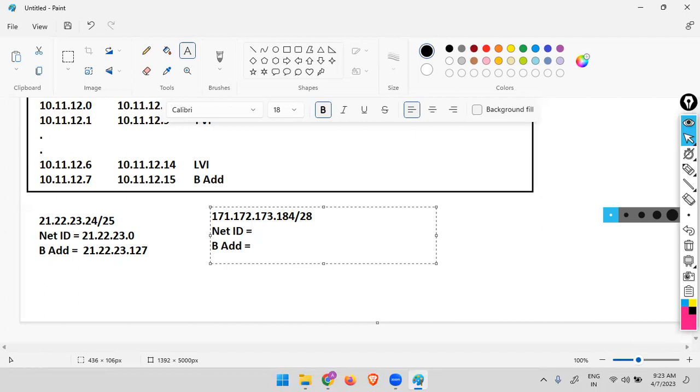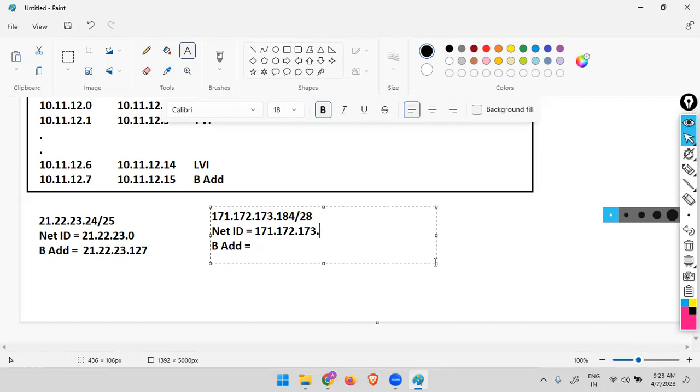171.172.173. See, this much part already we know constant, right? Yes. This much part we already know constant. Now here you can use pen and paper because you need to add some values. Okay. So we have, see, what is the value here? 184.